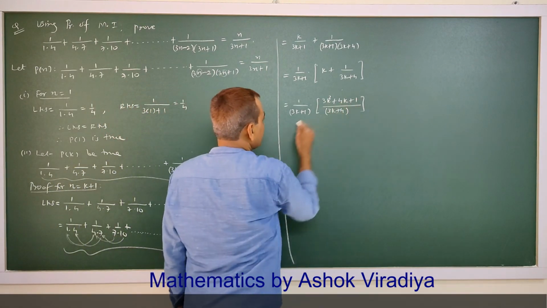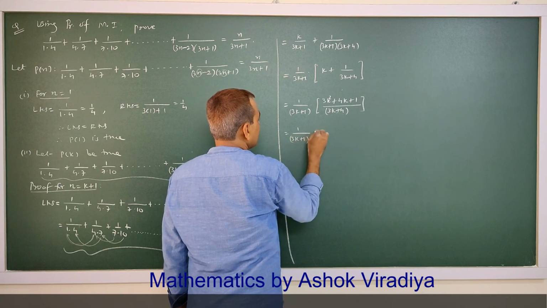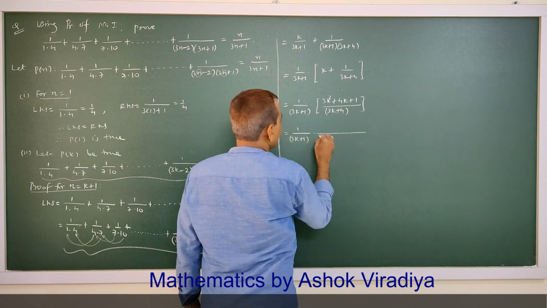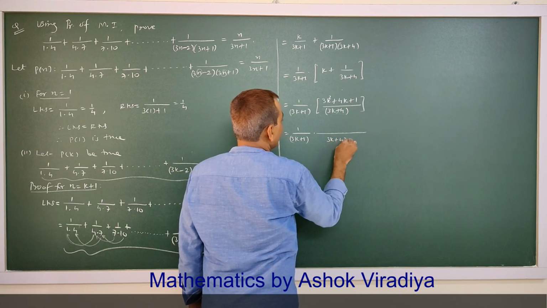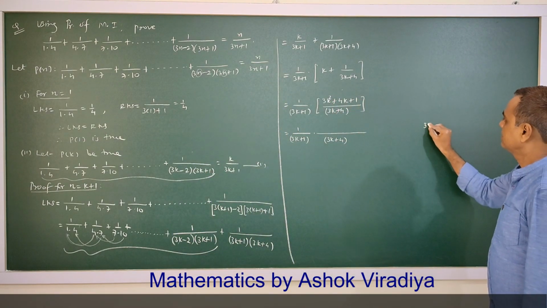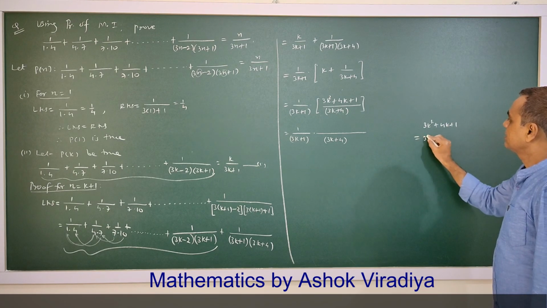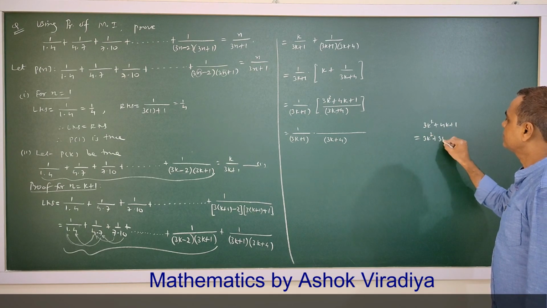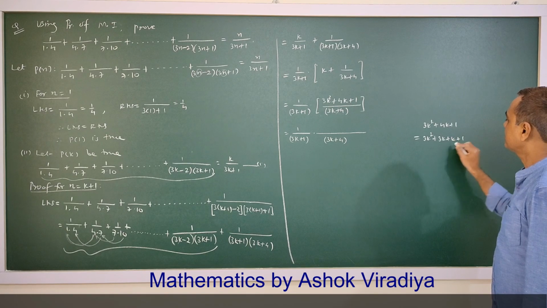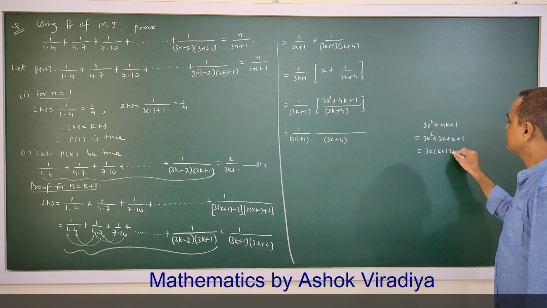Now factorizing here, 1 upon 3k plus 1 into 3k plus 4, showing its factors inside. 3k square plus 4k plus 1, 3k square plus 3k plus 3 plus 1, 3k common, k plus 1.